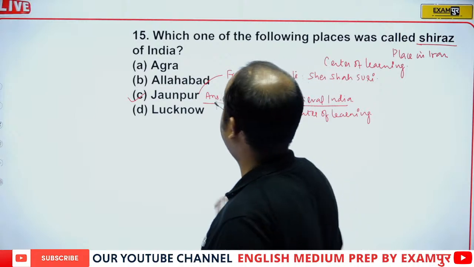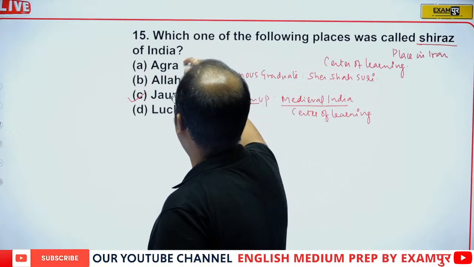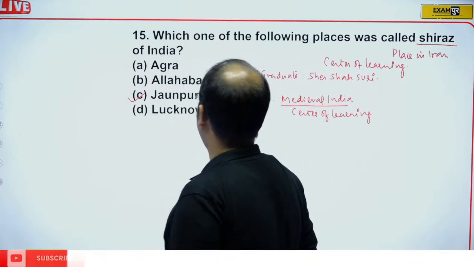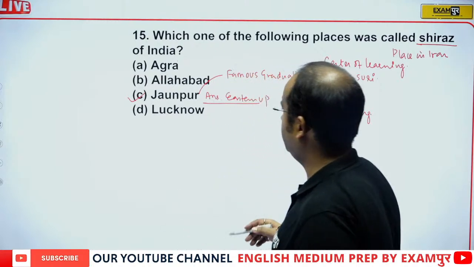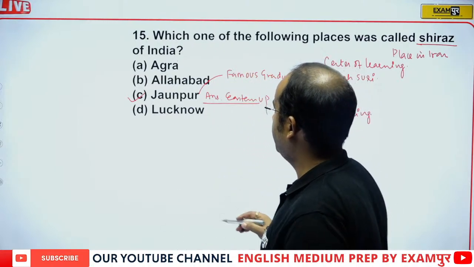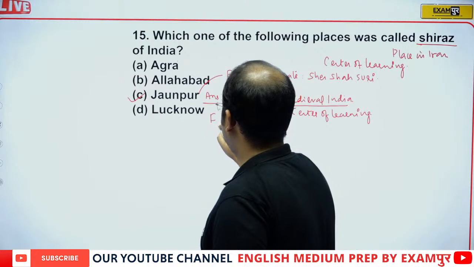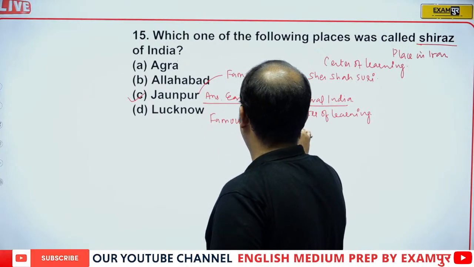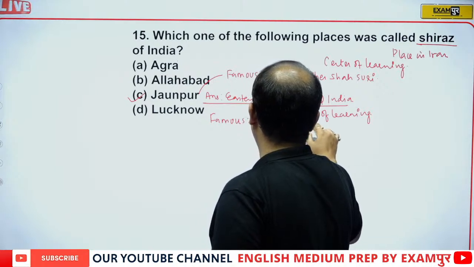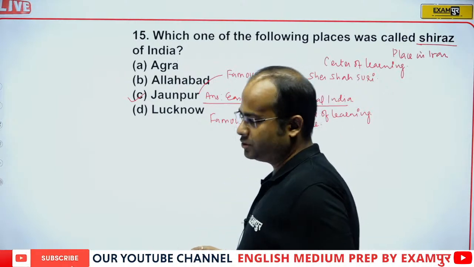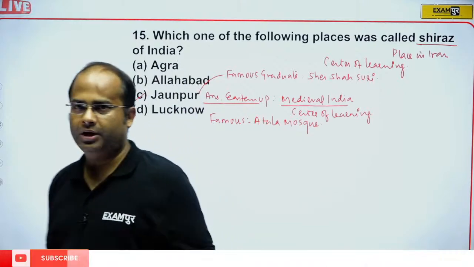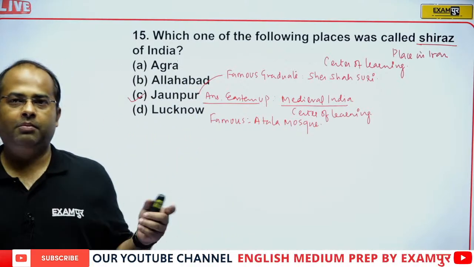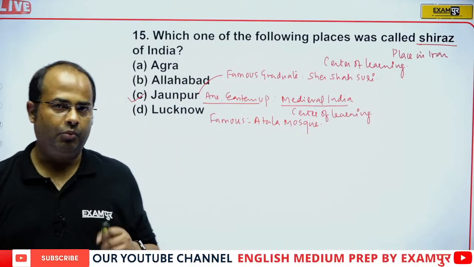Allahabad is also called Prayagraj. Agra was the capital of the Mughal Empire. Lucknow is famous for chicken curry. And Jaunpur is also famous for the Atala Mosque. So Jaunpur is not only famous as an education center in medieval India, but also for the Atala Mosque.